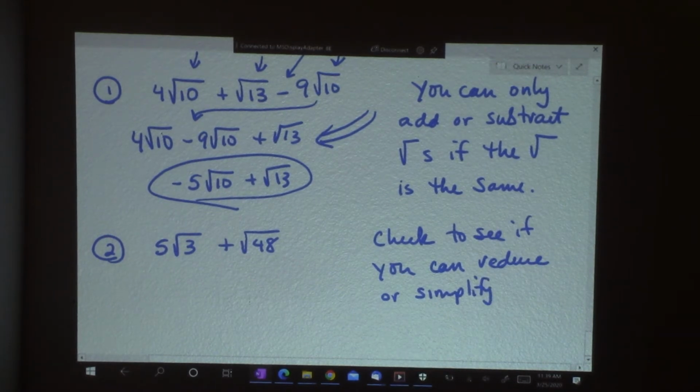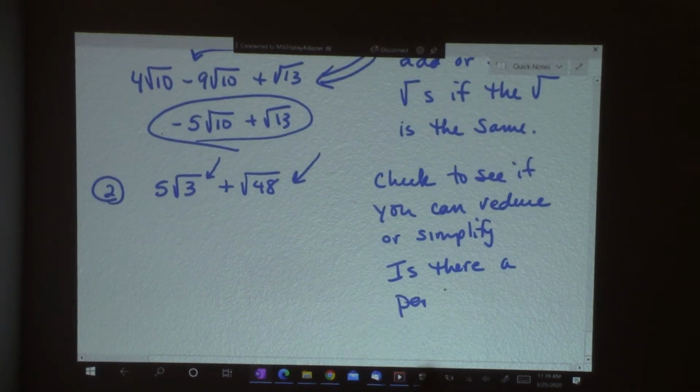So I'm going to look here. Can I factor anything out of the square root of 3? No, not evenly. Now I'm going to check, is there a perfect square in 48 as a factor?